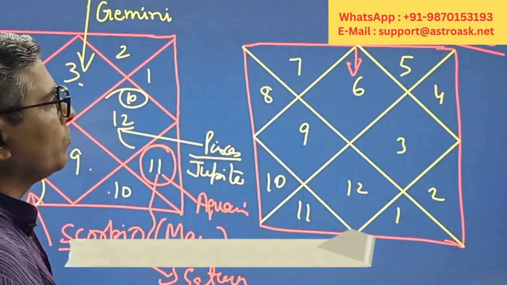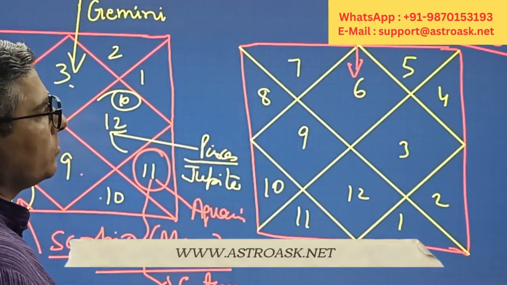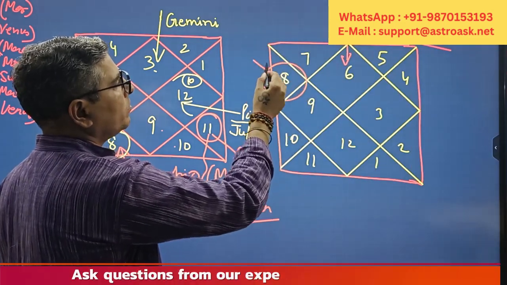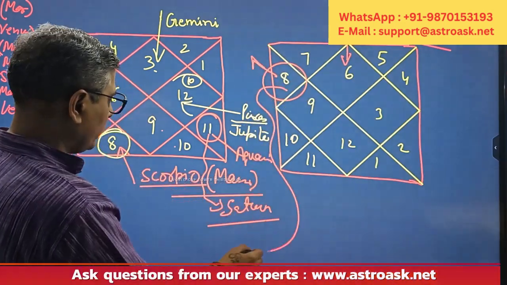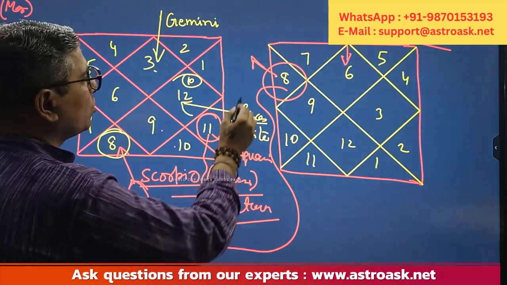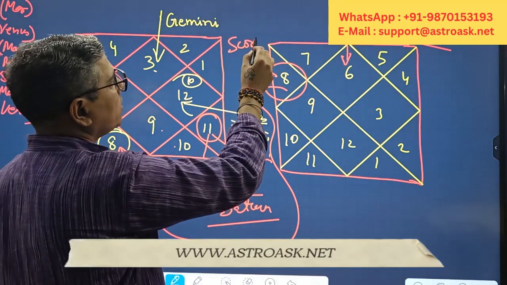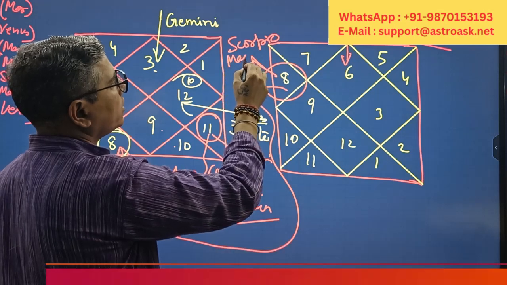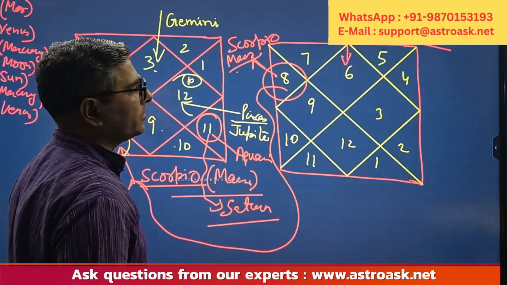Similarly, if I ask you what is the lord of the 3rd house here, the 3rd house belongs to number 8. Number 8 belongs to what? Here we have written number 8, Scorpio. So Scorpio is the sign of the 3rd house, and it belongs to Mars here.